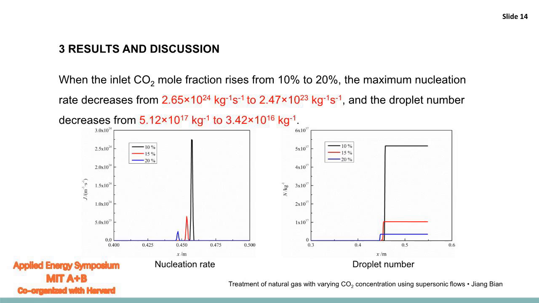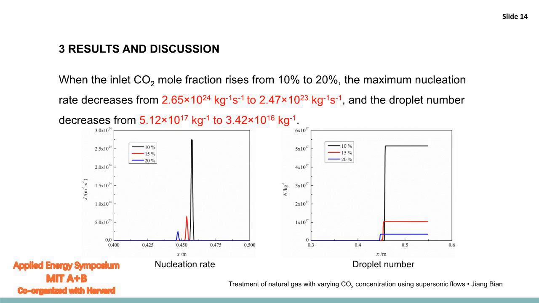These two figures are the nucleation rate and droplet number distributions with different gas composition. As we can see, the nucleation rate of CO2 sharply increases in a very short distance.